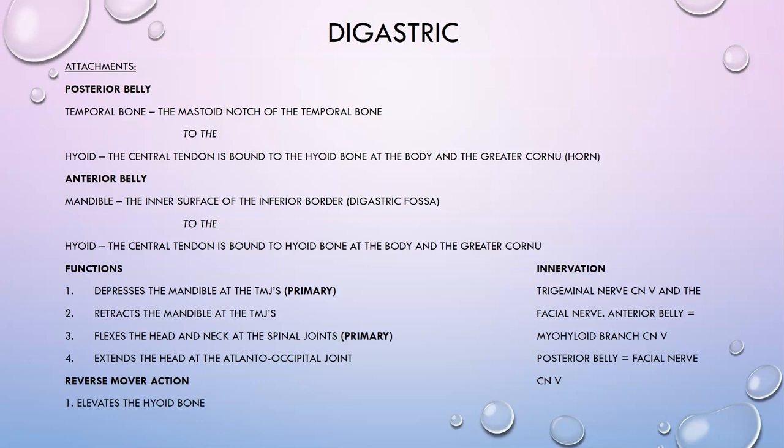First, it depresses the mandible at the TMJs. Depression is mouth opening, so this helps open the mouth. The other primary action is that it flexes the head and neck at the spinal joints. By fixating the mandible, it helps pull your head down towards your chest. A minor action is that it retracts the mandible at the TMJs.